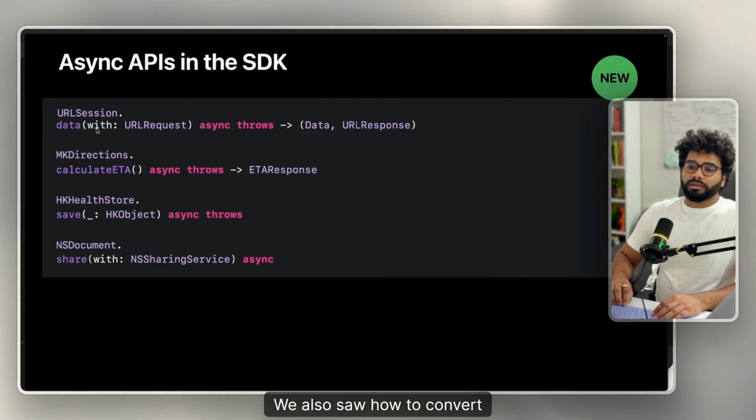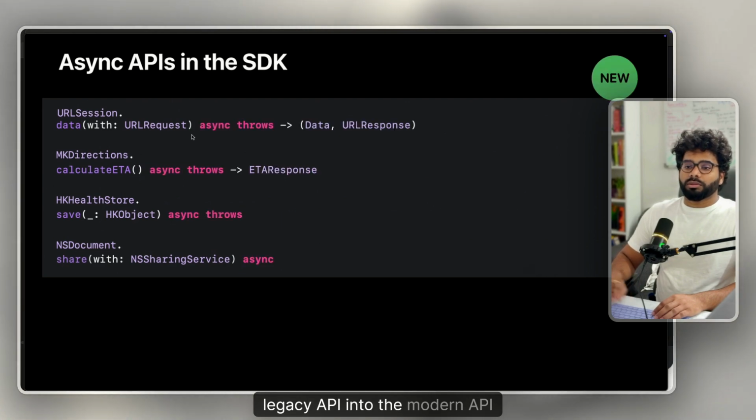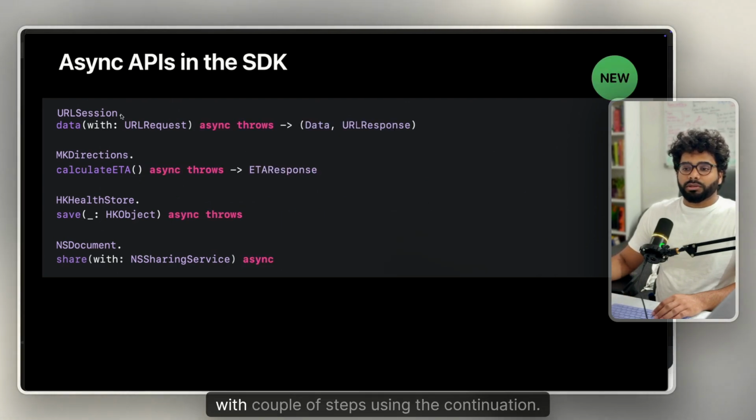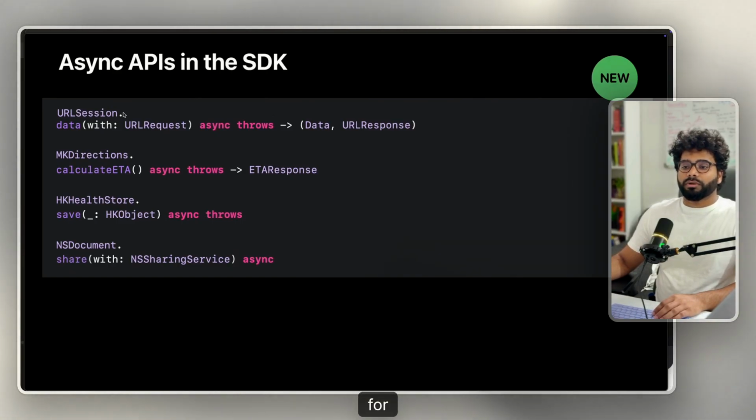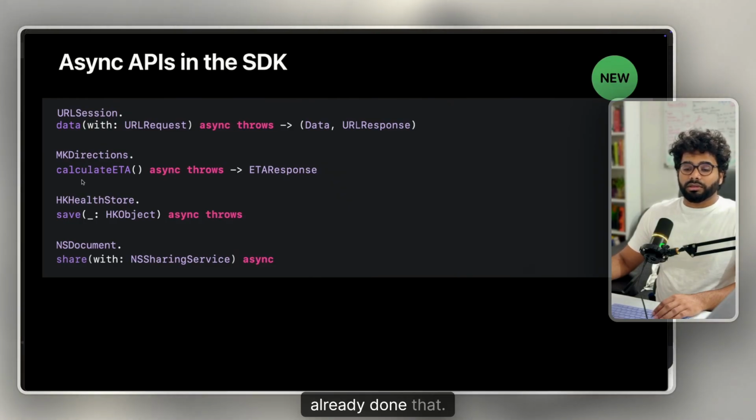We also saw how to convert the legacy API into the modern API with a couple of steps using the continuation. We can do the same for these as well, although the Apple engineers have already done that.